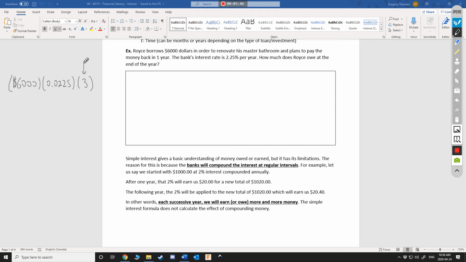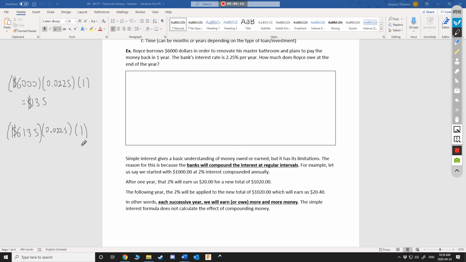That's not how the banks do it. After each year, they take the money and add it together. You got 135. They then take that starting 6,000, add that 135 to it, and for the second year, they multiply by 0.0225 again.